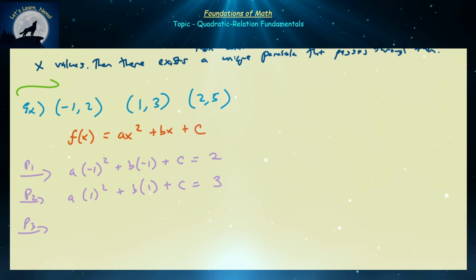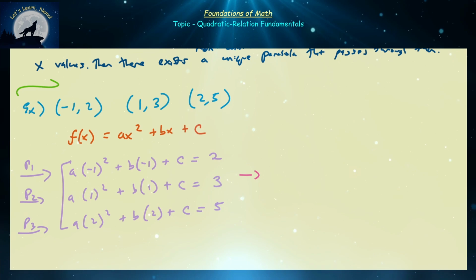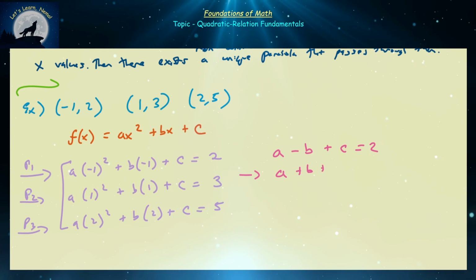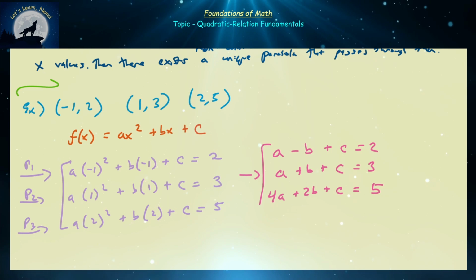And then from point number 3, that's going to be a times 2 squared plus b times 2 plus c, and that should be equal to 5. Then I can clean that up and write it as a minus b plus c equals 2, a plus b plus c equals 3, and 4a plus 2b plus c equals 5.